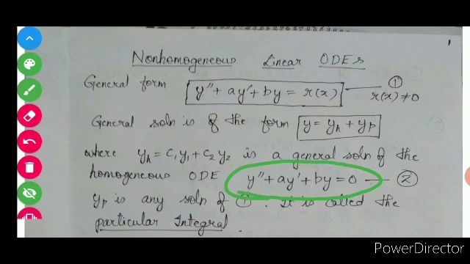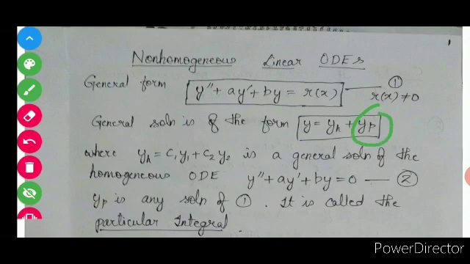You solve those equations, and suppose c1y1 plus c2y2 is the solution of this given differential equation 2. Then yh is c1y1 plus c2y2. So yh is nothing but the solution of the corresponding homogeneous equation. That is, you just consider the right hand side to be equal to 0, solve that specific equation, and write it as yh. Now we look at the second part, yp.